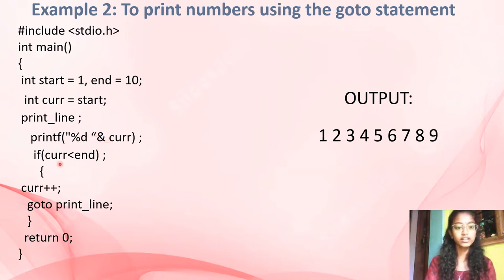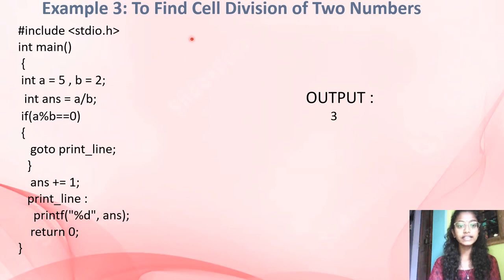If cur is less than n, then cur is incremented by 1. goto print line. Here we use goto to repeat the execution. First, int cur = start, so it starts from 1 and later it increments by 1, so 2, and so on. It prints like this and outputs 1, 2, 3, 4, 5, 6, 7, 8 and 9.